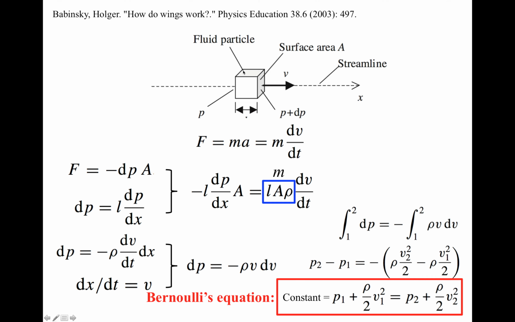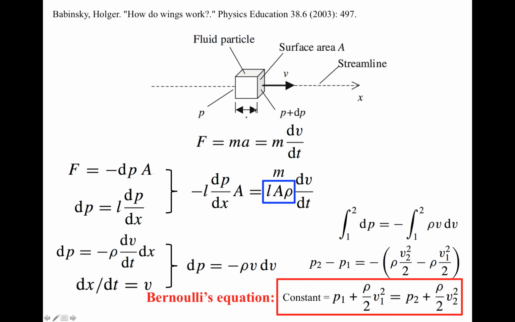This cubic fluid particle has a surface area of capital A. So the surface area in this direction is capital A. And it's got a length. We're going to denote the length as L. The length here is L.